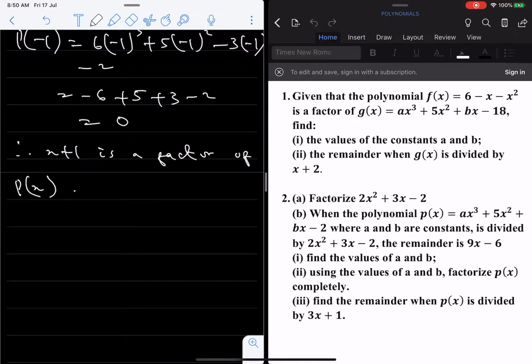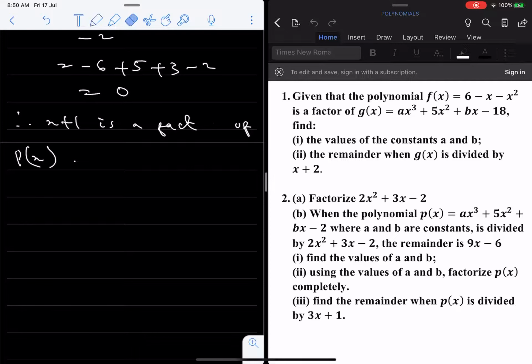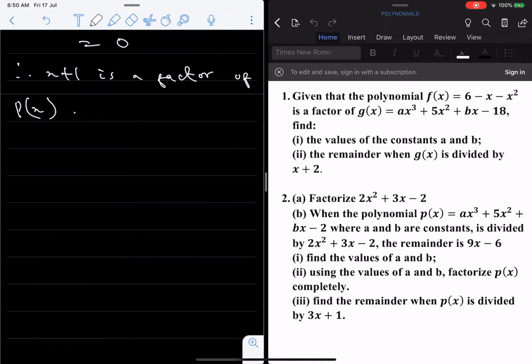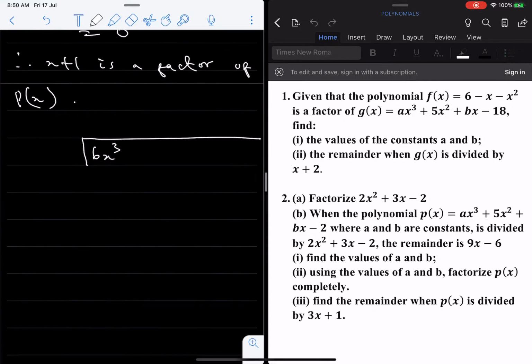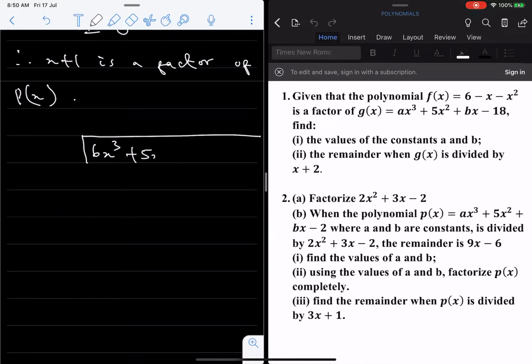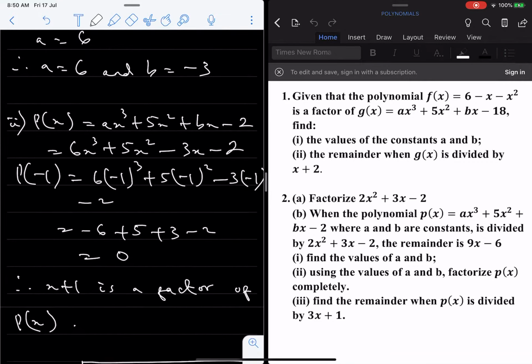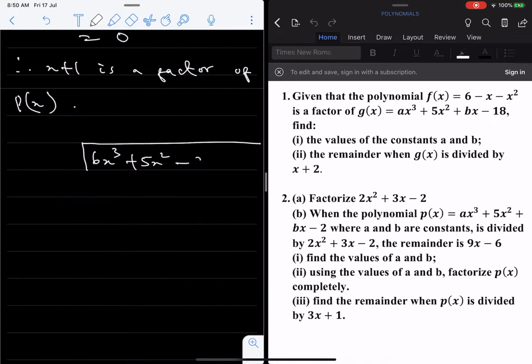And if you know one factor of a polynomial, you can divide the polynomial by that factor to get the other factors. So I'm dividing P of x by x plus 1. P of x, which is 6x cubed plus 5x squared minus 3x minus 2, is what I'm dividing by one of its factors that I already know, which is x plus 1.